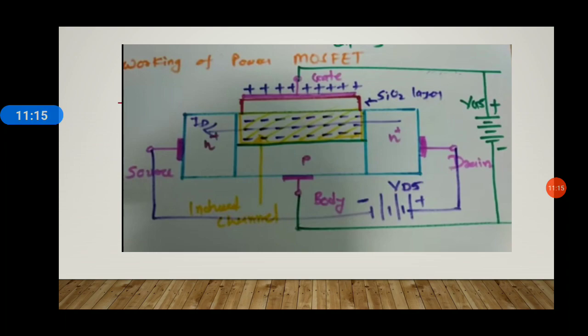Here we can also say that the channel is formed in the p-type region. Similar to this, we can even have a P substrate or a P-type power MOSFET, provided we replace N-type materials with P-type and then reverse the polarities of the voltage applied.